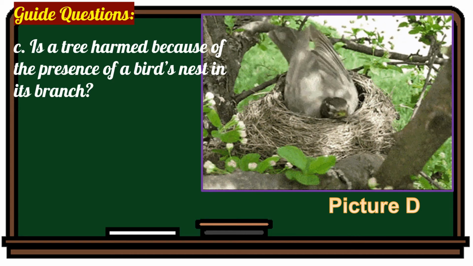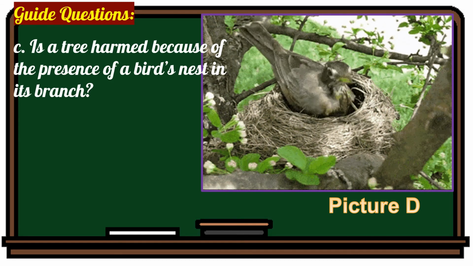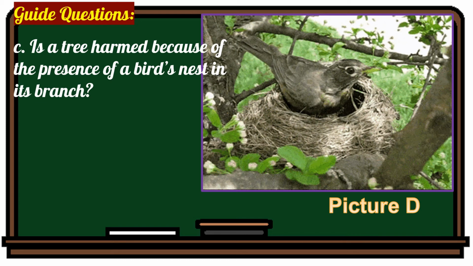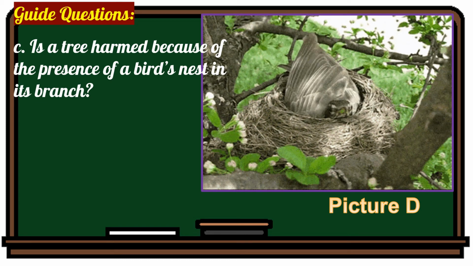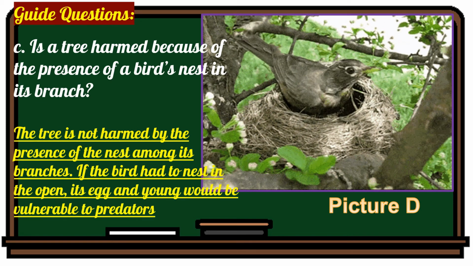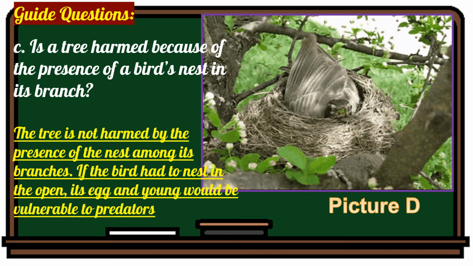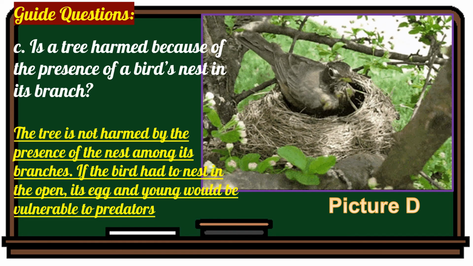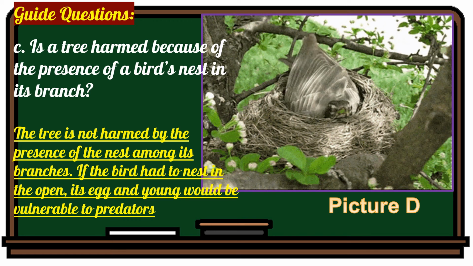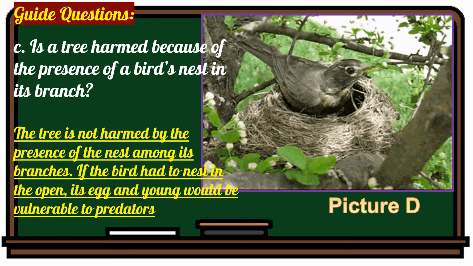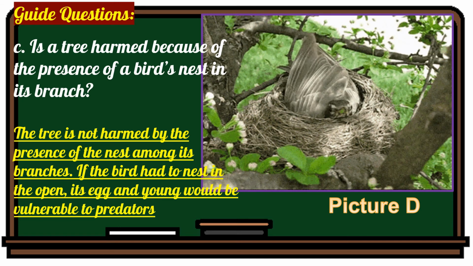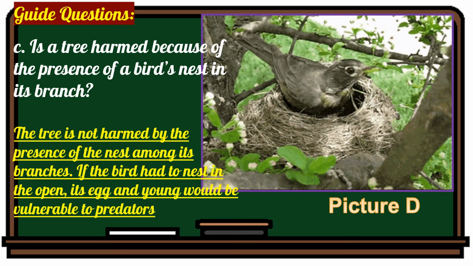For letter C question, is a tree harmed because of the presence of a bird's nest in its branch? The tree is not harmed by the presence of the nest among its branches. If the bird had to nest in the open, its eggs and young would be vulnerable to predators.